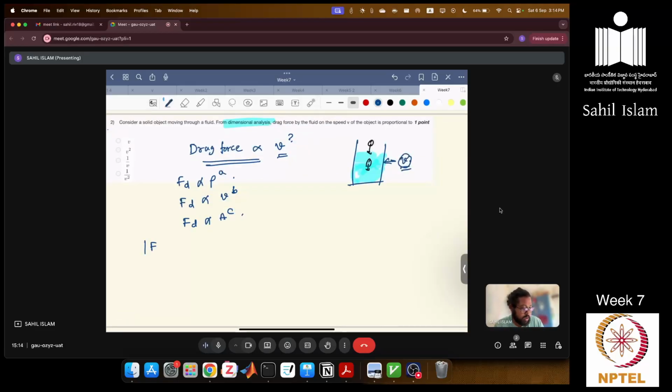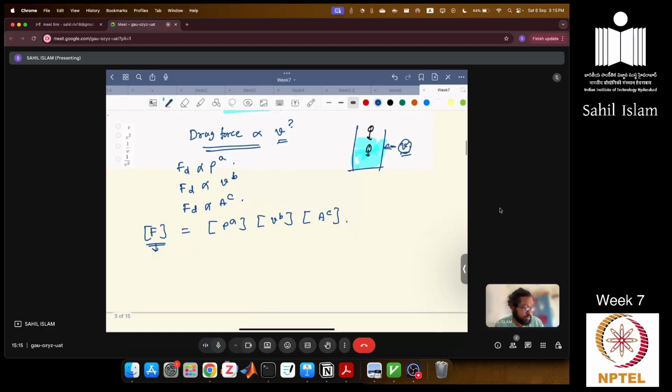Now the dimension of the drag force should equal the dimension of rho to the power a times the dimension of v to the power b times the dimension of A to the power c. We already know that the dimension of force is M L T to the power minus 2. What is the dimension of density?